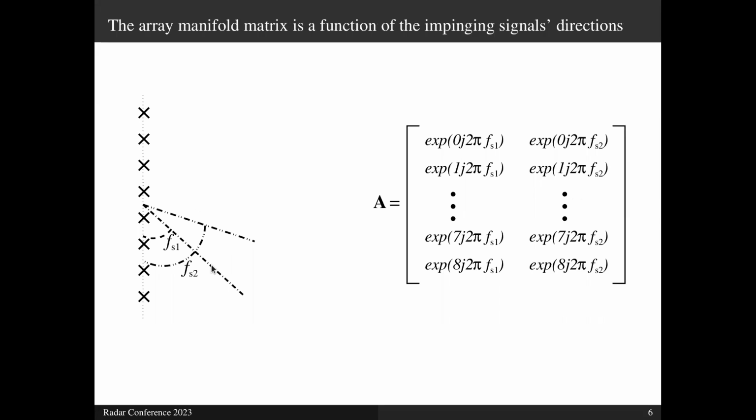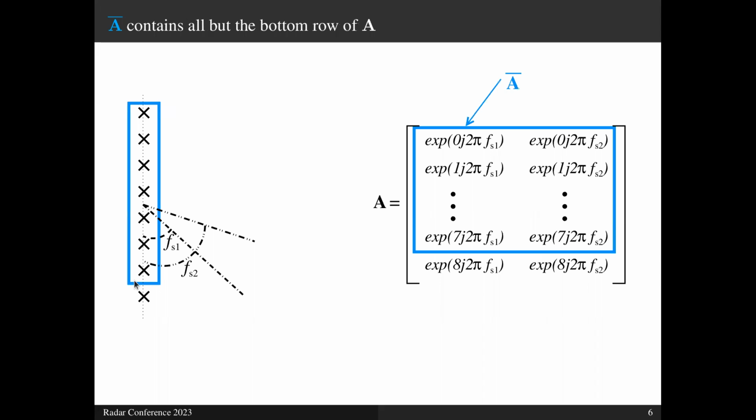When there are two targets of interest, the array manifold matrix has dimension L by 2 as shown here, where Fs1 and Fs2 are the spatial frequencies of the two targets. This standard linear array is shift invariant. What we mean by that is if we consider all but the last sensor in this array, then it has a different array manifold matrix.